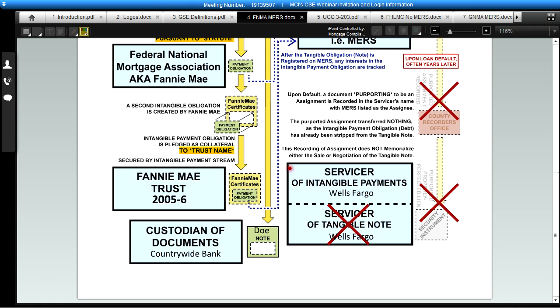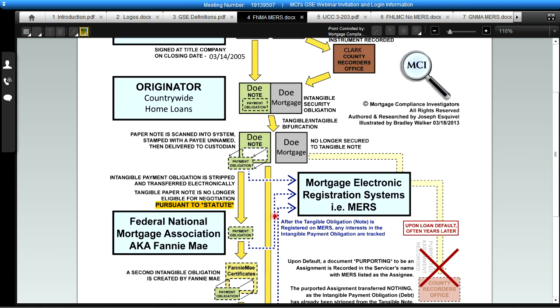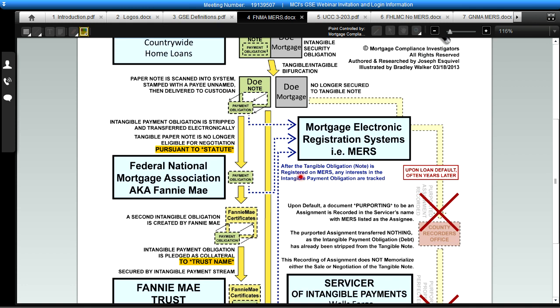Okay, now, years later, upon default, 5 or 10 years later, there's a default. Okay, now, upon default, a document purporting to be an assignment is recorded in the servicer's name, with MERS listed as the assignee.